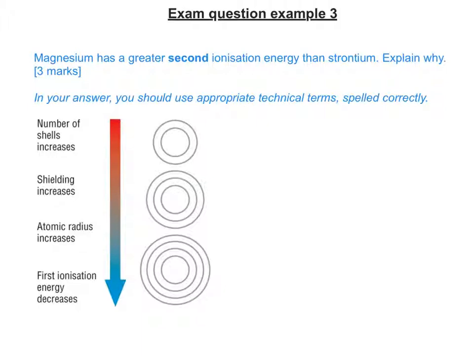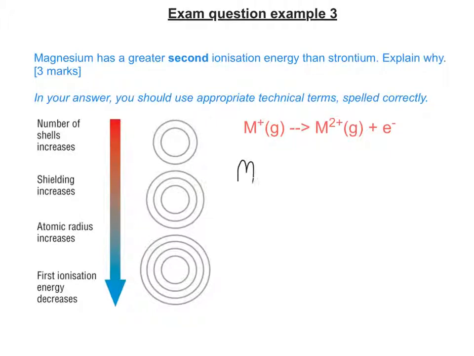So if you look at this diagram, just to remind ourselves, you can see that as you go down a group, any group, the number of shells increases, so therefore the shielding and the atomic radius increases, and the first ionization energy decreases. So if we remember what the second ionization energy actually is, we can now apply this to the 2 elements we're being asked to compare.